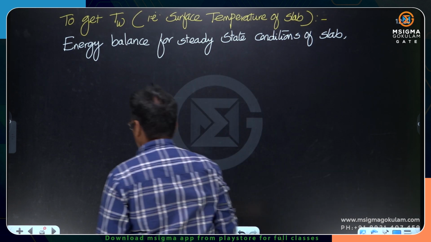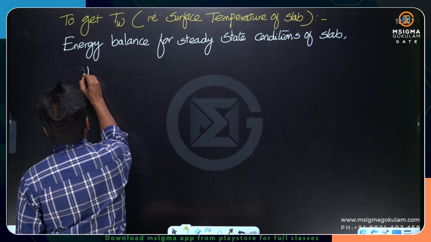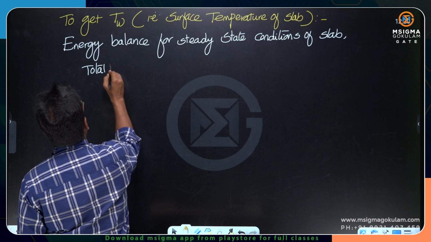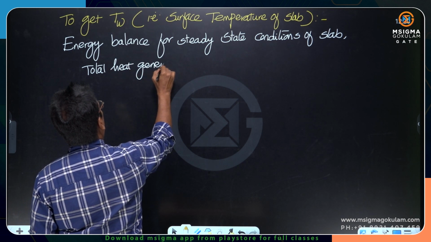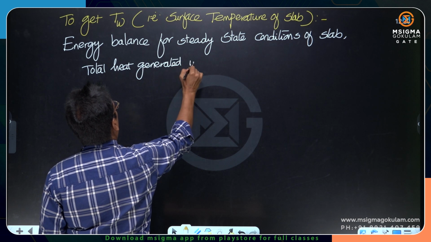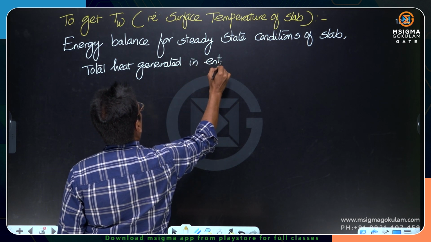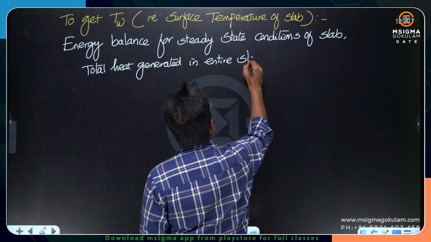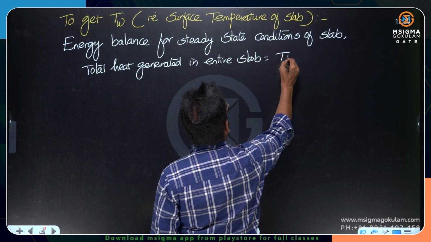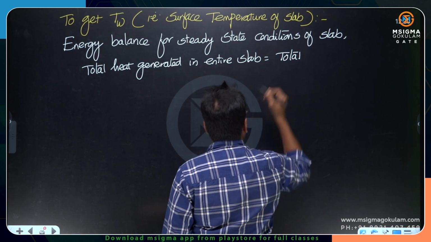What is the energy balance for steady state conditions of the slab? Total heat generated in the entire slab is equal to total heat convected from both sides.